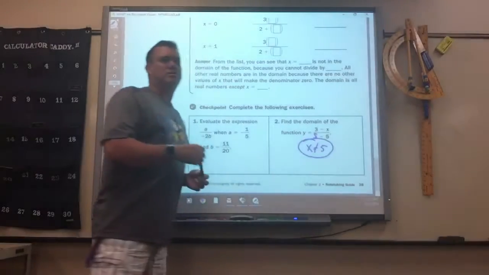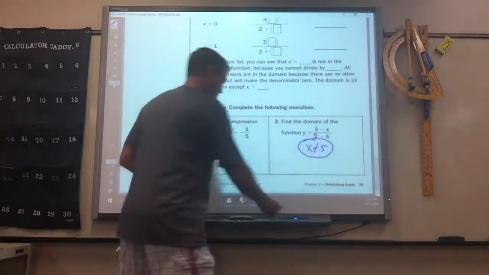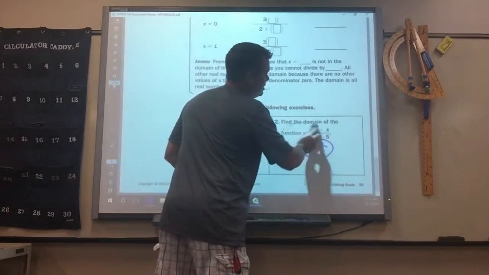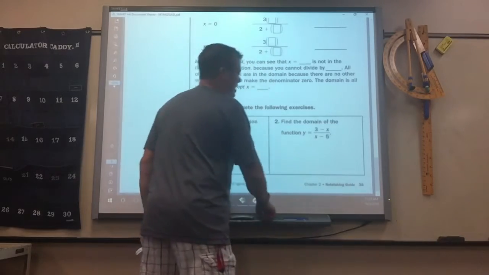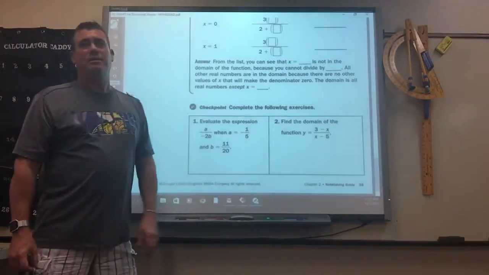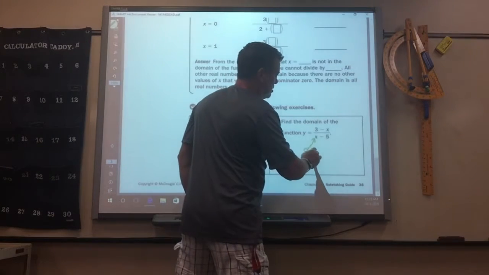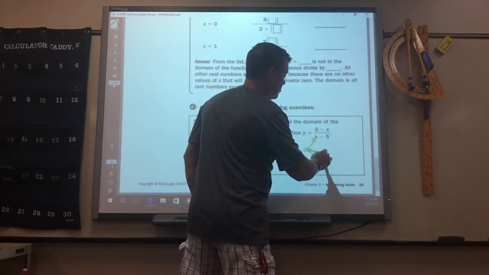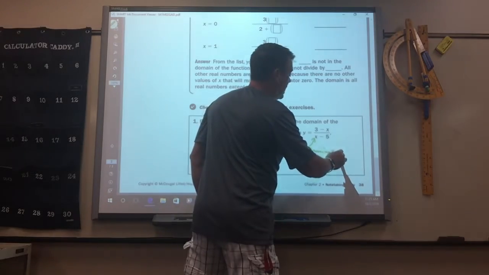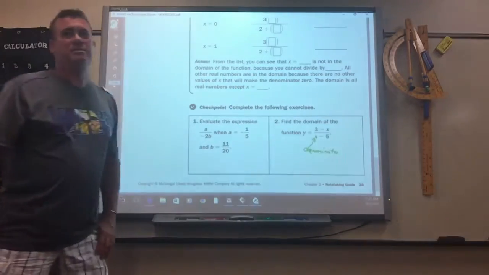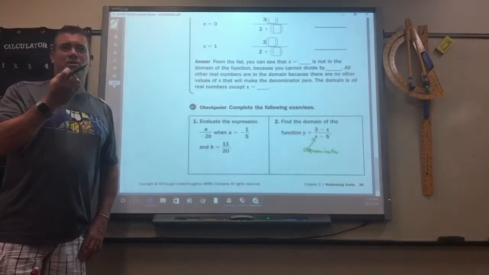It's just say x is not equal to 5. Now, on these functions, the only time you gotta worry about it is if there's a fraction and one of the letters is in the denominator. Because that's the only way you can get 0 on the bottom.